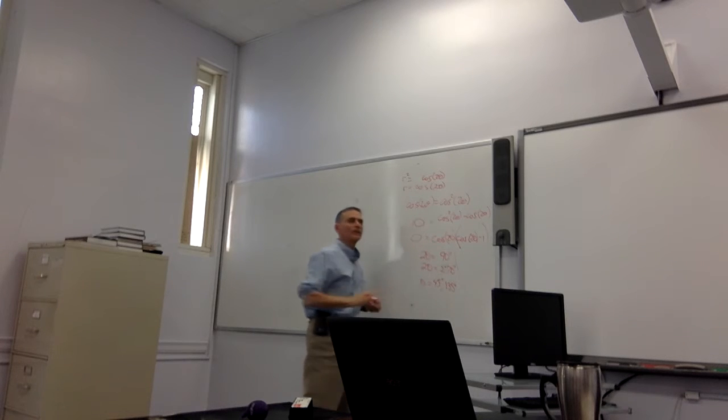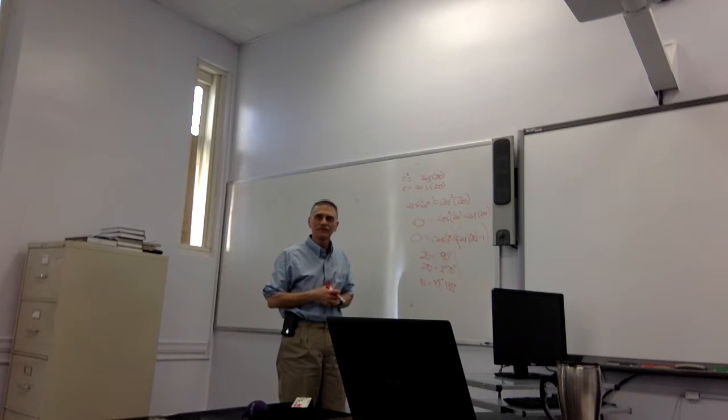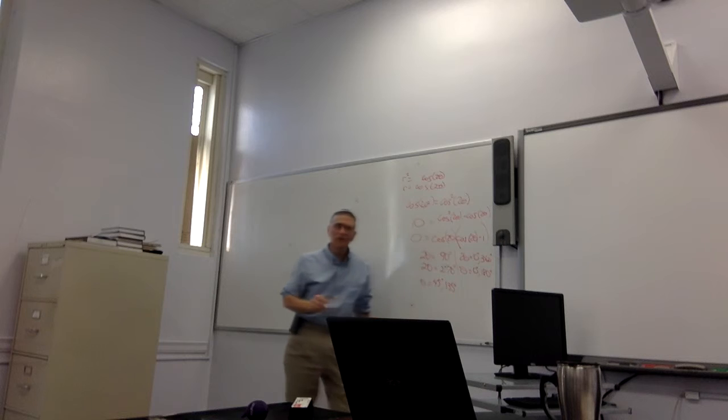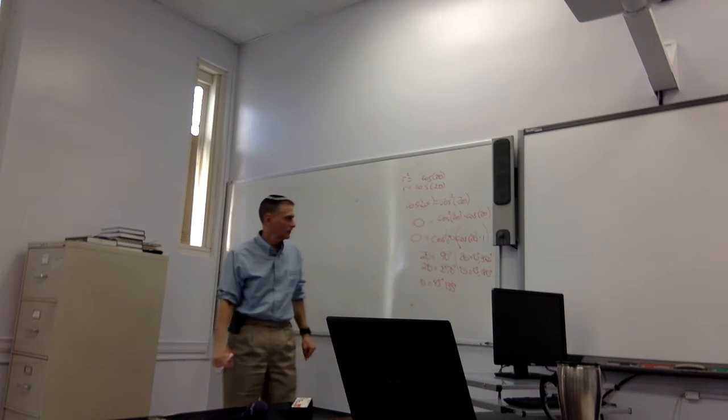For this one, when does the cosine of 2 theta equal 1? 0, or 360. So 2 theta this time could equal 0 or 360. Since we're going to divide by 2, this becomes a value for us. So theta then could equal 0 or 180. And please write degrees in each of these if you are doing this in degrees.